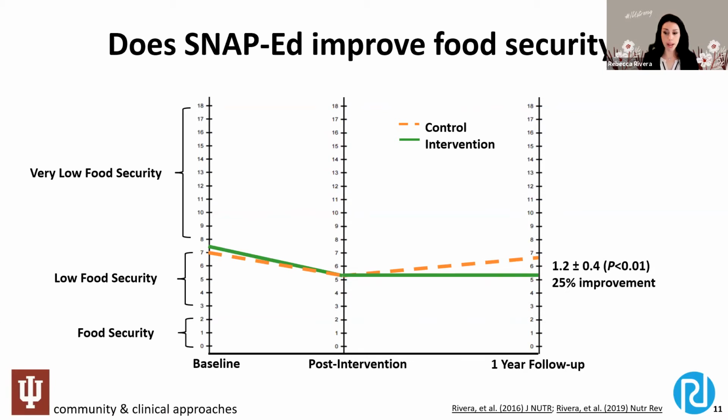The results were that the SNAP education lessons allowed the intervention group to improve their food security by 25%. Which is huge. And these were all households with children in Indiana. So the answer to the question is yes, SNAP education does improve food security.